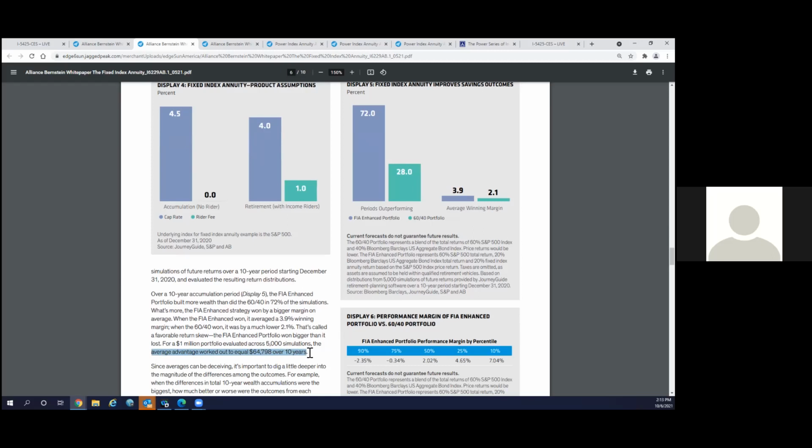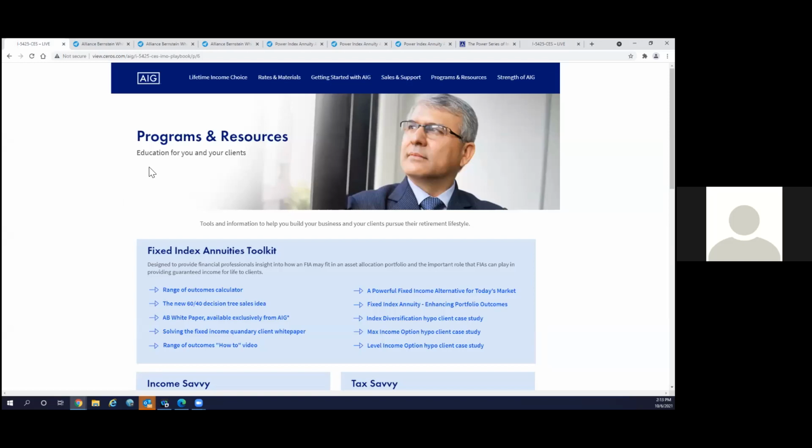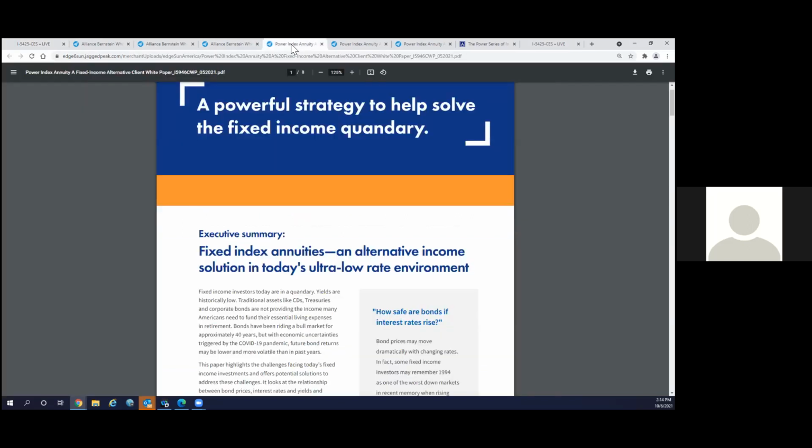Let's go into our second tool, shall we? Just to discuss the client white paper. We can go back into our AIG playbook and click on Solving the Fixed Income Quandary Client White Paper. The purpose of this is a discussion on how safe bonds are if interest rates rise.